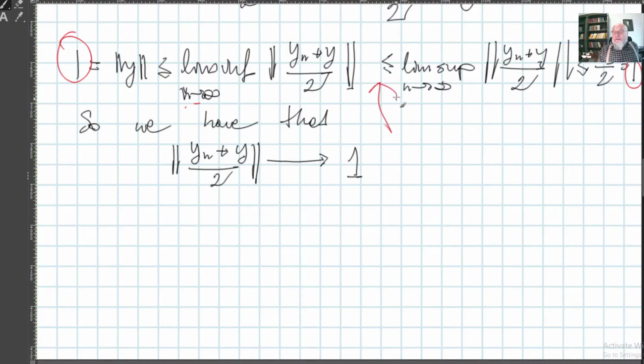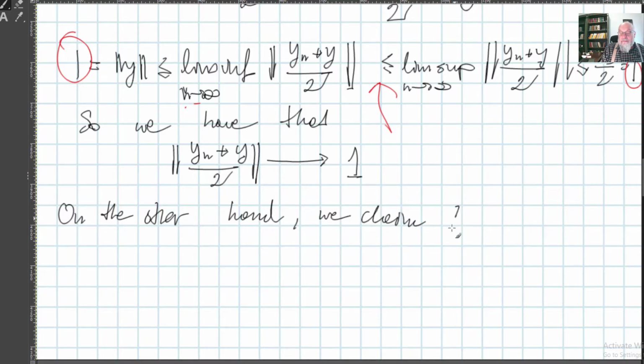That's very good. On the other hand, we claim that this would imply that yn minus y must be convergent to 0.